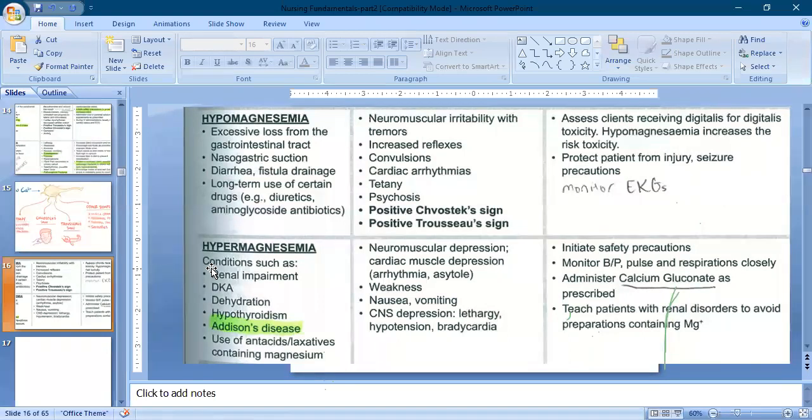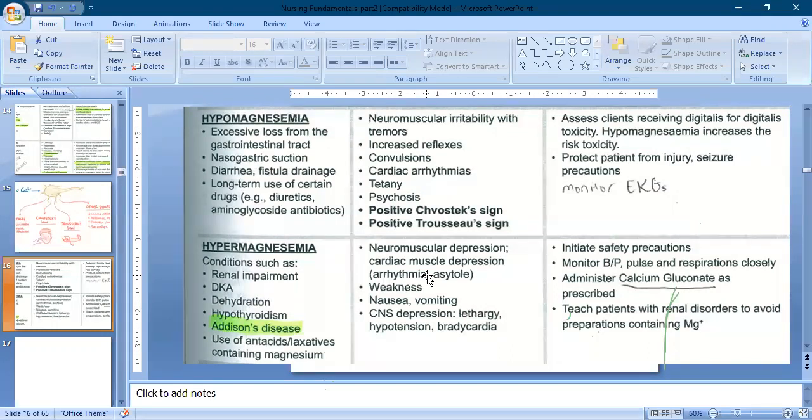Hypothyroidism causes hypermagnesemia. The symptoms: they have hypotension, muscle weakness, lethargy, and respiratory and cardiac arrest if not treated. So neuromuscular depression and cardiac muscle depression develop, they develop arrhythmia or asystole, and the patient dies.